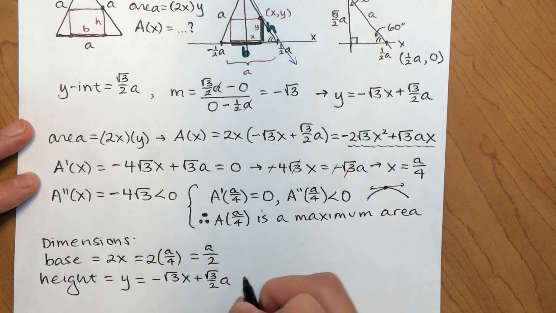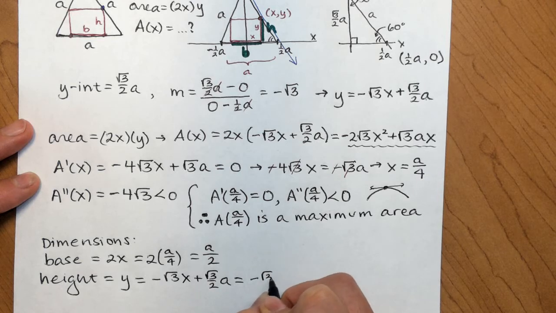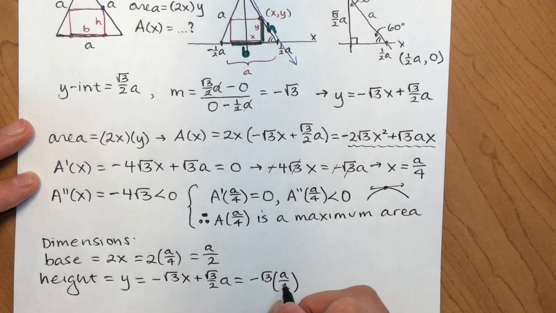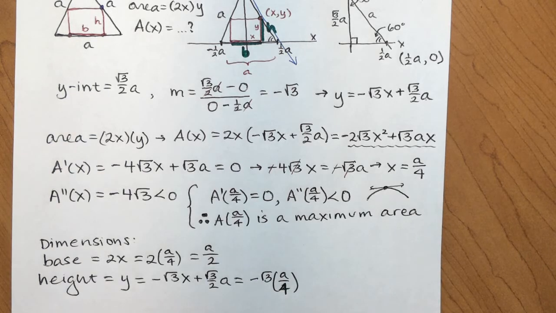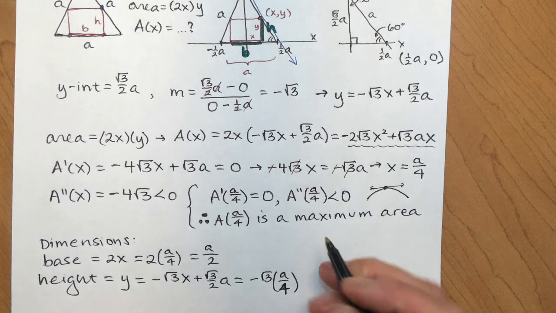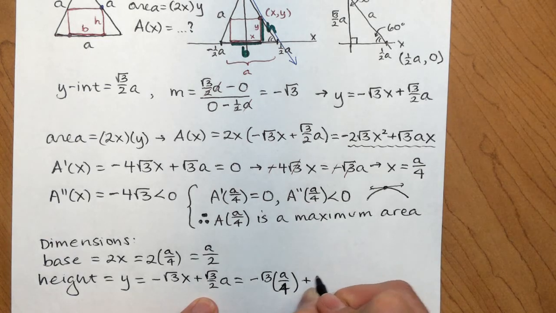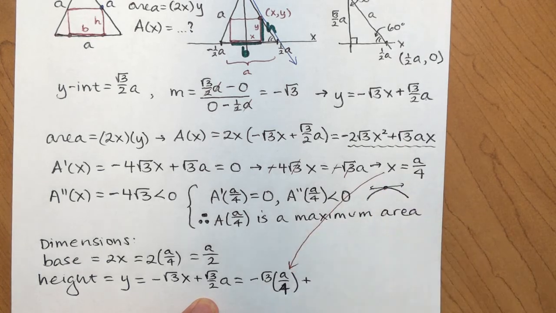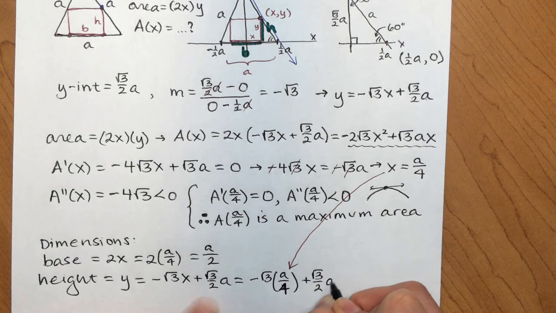So let's plug the x value in there. Negative root 3 a over 2. Oops, my x value is a over 4. That would have been a big mistake, because if I hadn't realized something was wrong, I would have wound up with 0, which was not going to work. Plus, again, the x value came from way back up there, plus root 3 over 2a.